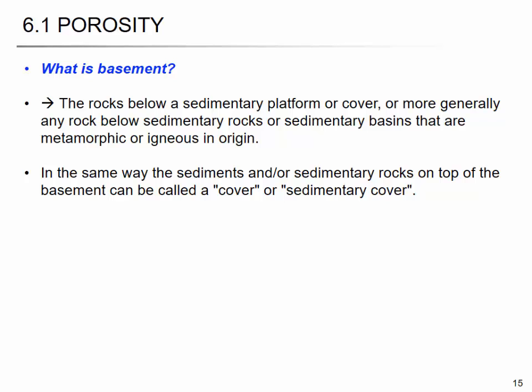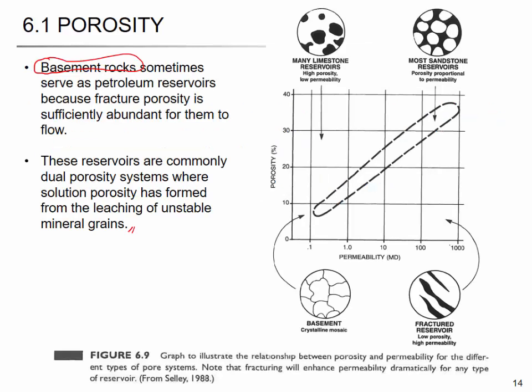Rarely, but often the basement also has the hydrocarbon, and it can be produced. It has some economic feasibility of the hydrocarbon production. And in that case, fracture porosity should play a significant role.